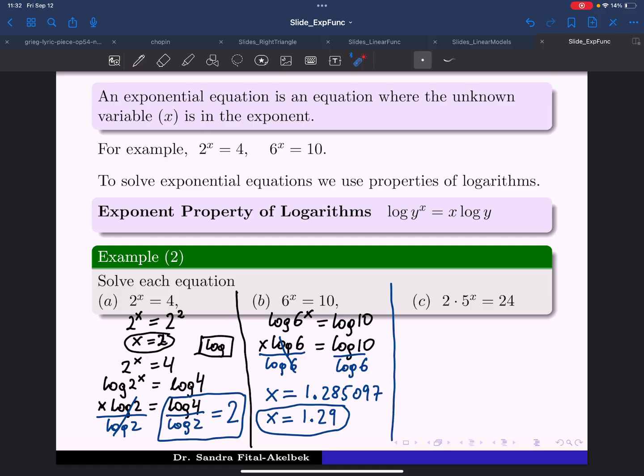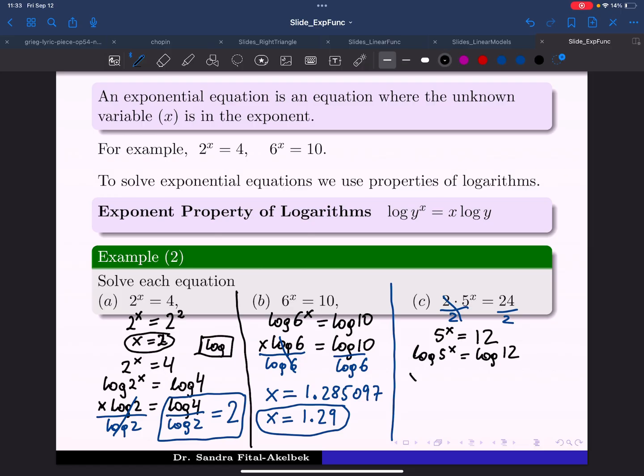For part C, before we take the log of both sides, we need to solve for the exponent term, 5 to the x. So first we're going to divide by 2, divide both sides by 2. This cancels out. So we have 5 to the x is equal to 12. And then we can take the log of both sides. So log 5 to the x is equal to log of 12. By the properties of logs, this exponent can go in front.